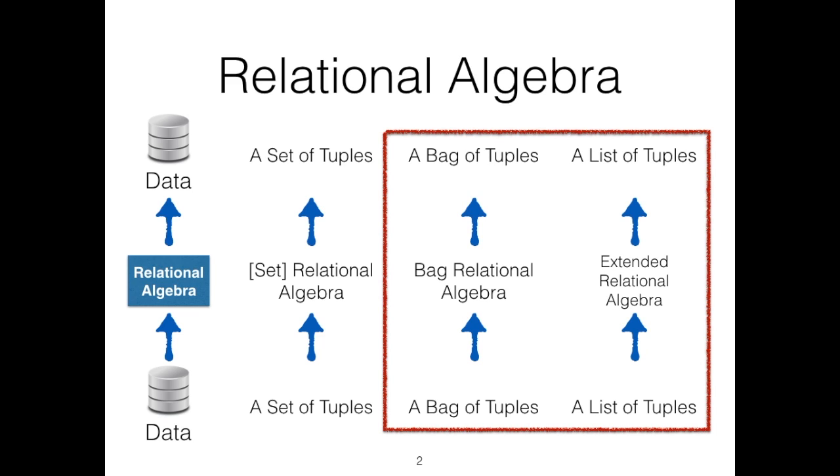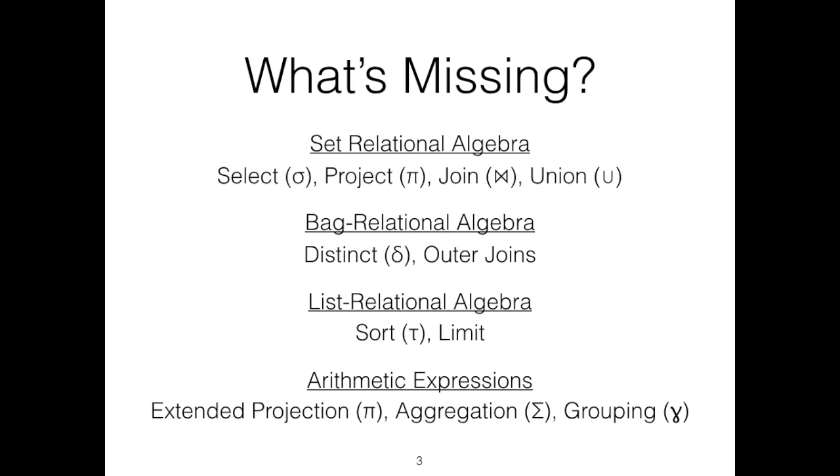So today, you might remember this picture from a couple of lectures ago. Set relational algebra reads in a bunch of sets and produces a bunch of new sets. Bag relational algebra reads in bags and produces new bags. And I kind of hinted there was this other thing called extended relational algebra that reads in lists, or more generally reads in multiple different types of inputs and produces multiple different types of outputs. So, what have we covered until now?